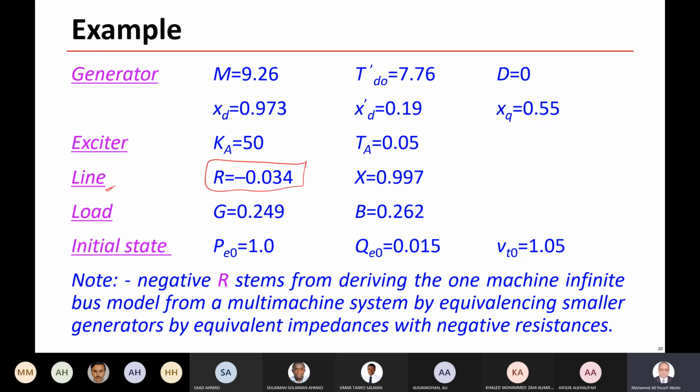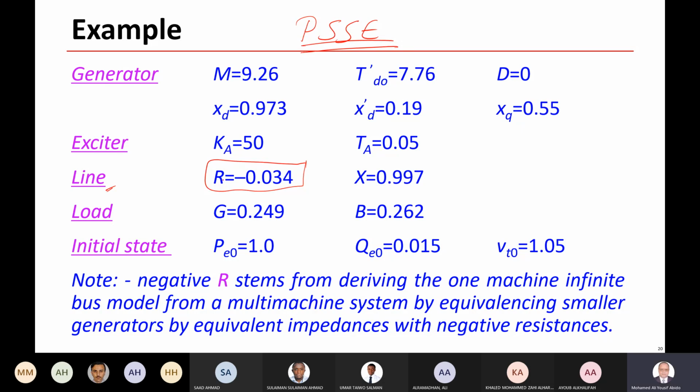This is a transmission line. How can the R be negative? Actually, in some commercial software, which is called PSSE, used in Saudi Electricity Company and utilities in general, very famous worldwide in transmission planning, you can do some kind of reduction, or you can net some generation with load.